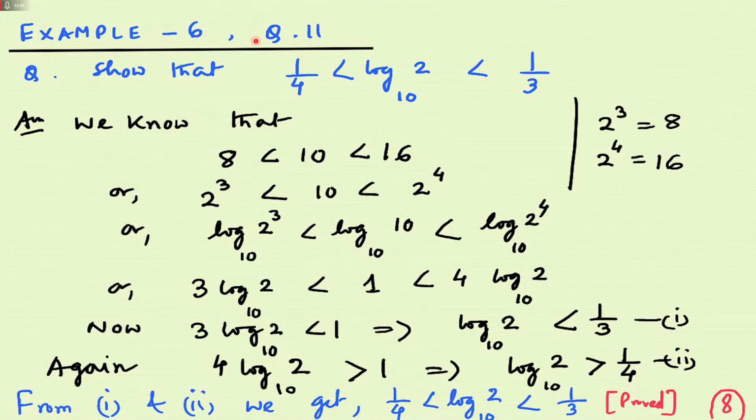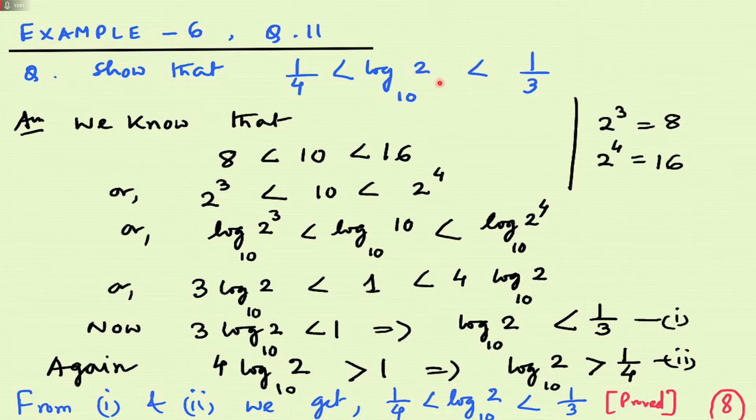Here example 6, I am discussing here question number 11. The problem is here, show that 1 by 4 is less than log 2 base 10 is less than 1 by 3. To solve this type of problem, you will have to start from a relation which is known to you but it is effective for this problem.